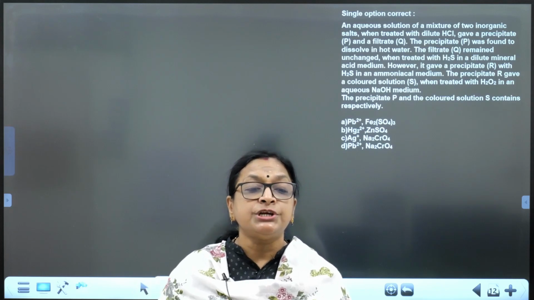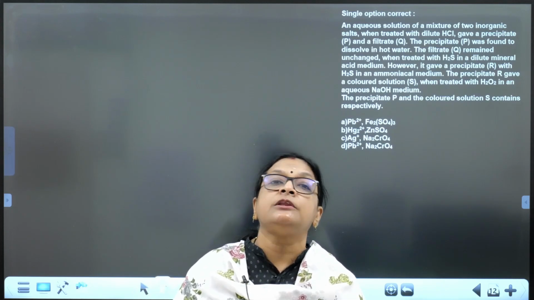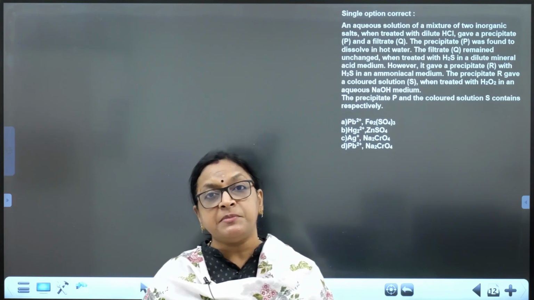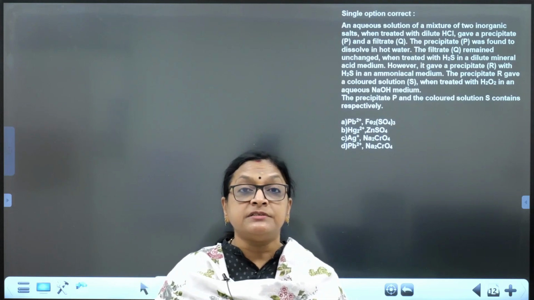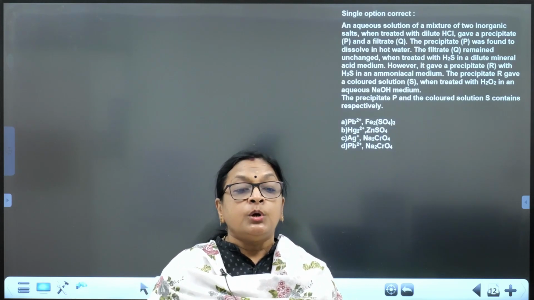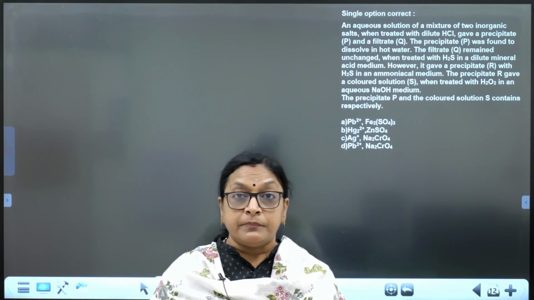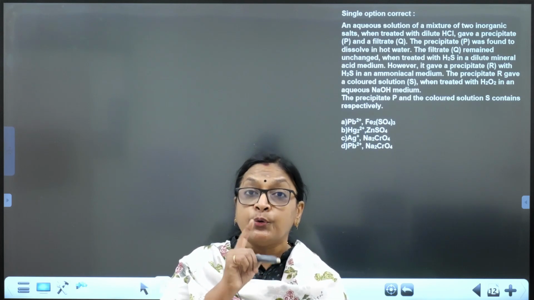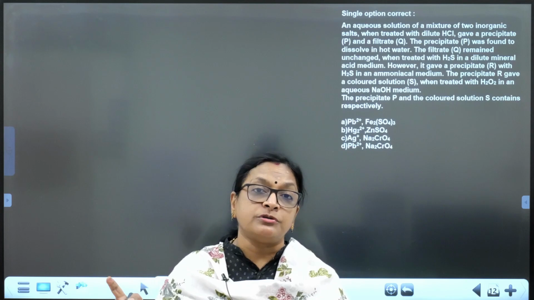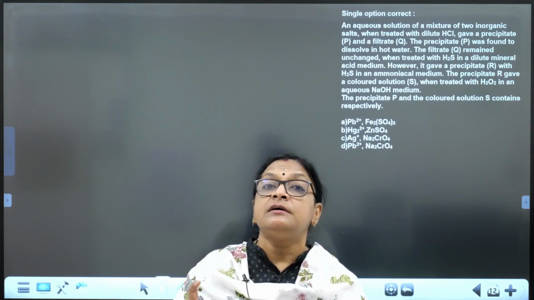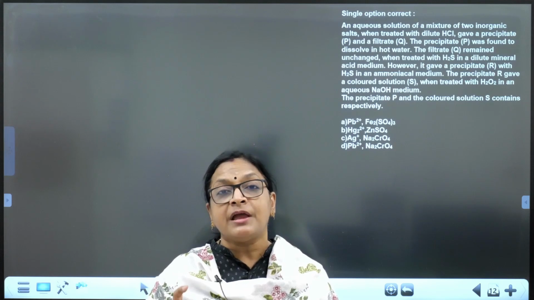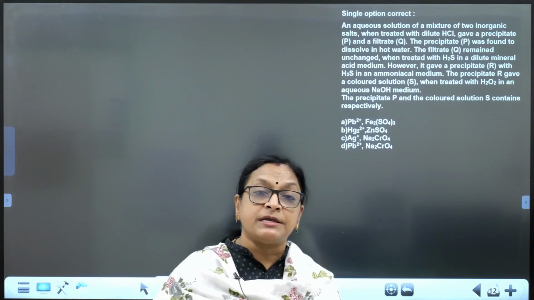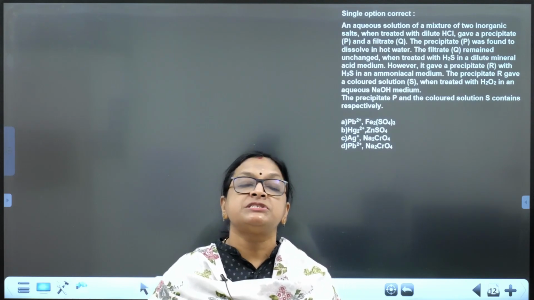An aqueous solution of a mixture of two inorganic salts. There are two inorganic salts, so there are two cations and maybe two anions. When treated with dilute HCl, gave a precipitate P. So dilute HCl is the group reagent for group 1 cations, where the chlorides of these metal ions have very low KSP, or the chlorides of these metal ions will be precipitated.